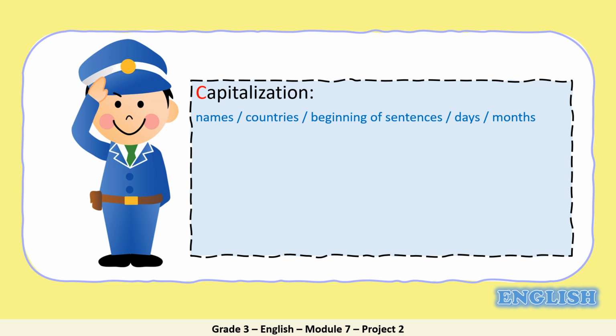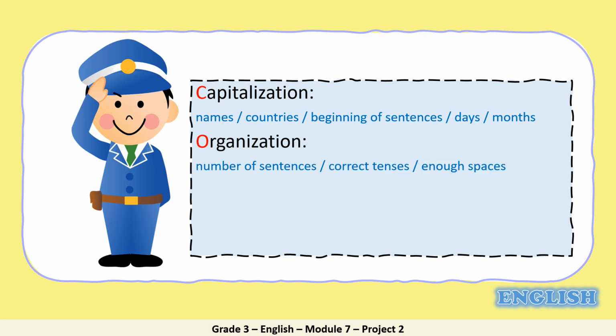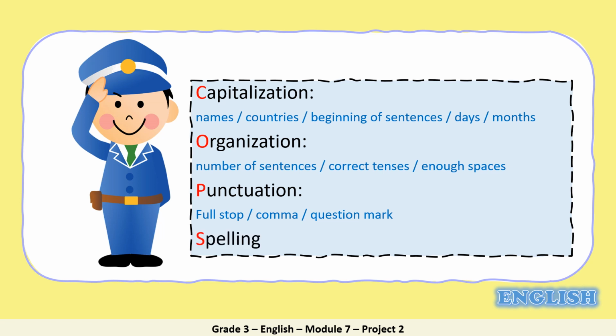This means the number of sentences, using correct tenses, and leaving enough space between words and sentences. P stands for exactly punctuation, and this means using full stop, comma, and question mark where needed. S stands for spelling, and you can always go back to your book to check the spelling of words.